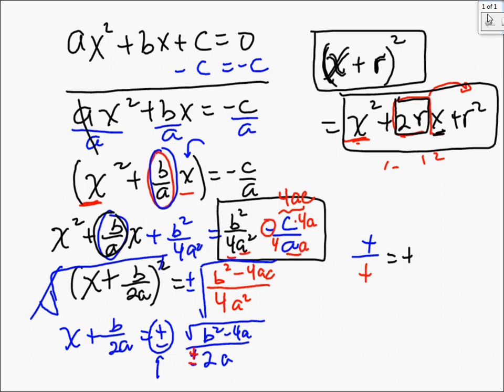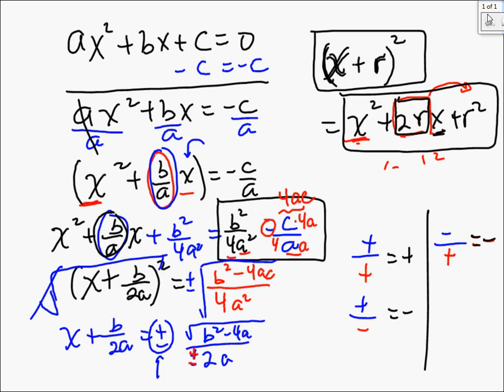Or you can use plus from the top and negative from the bottom, and you get negative. Or you can use negative from the top and plus from the bottom, and you'll get an overall negative. Or they can both be negative. Negative, that's a positive.